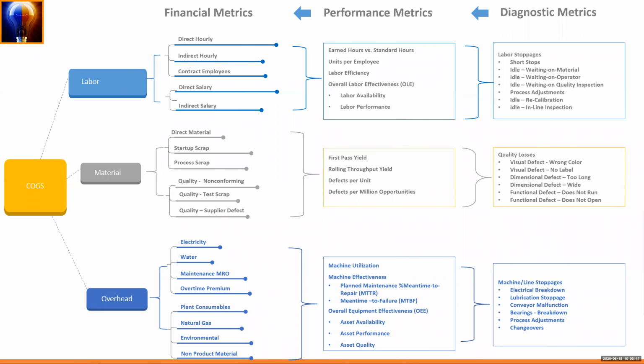So the way that this kind of rolls up is that you have those diagnostic metrics with the truly detailed information that rolls up into those performance metrics, including OEE, and then those roll up into the financial metrics that we talked about a few slides ago.